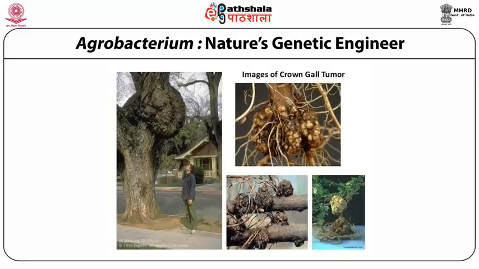Here are the examples of the crown gall formation in various dicots. You can see some abnormal structures on the trunk of the tree or the stem of a small plant. These cancerous-like growths are due to the infection by Agrobacterium tumefaciens.